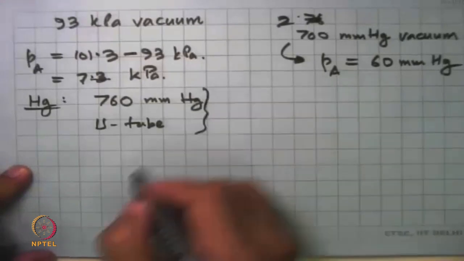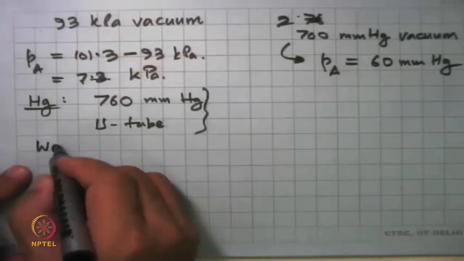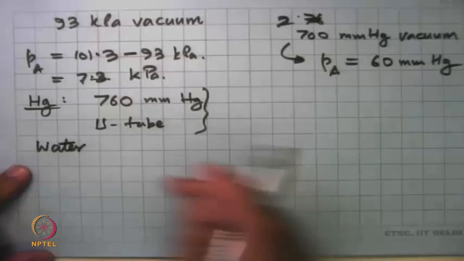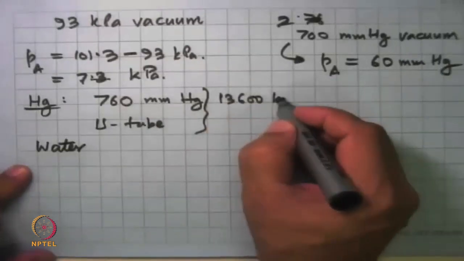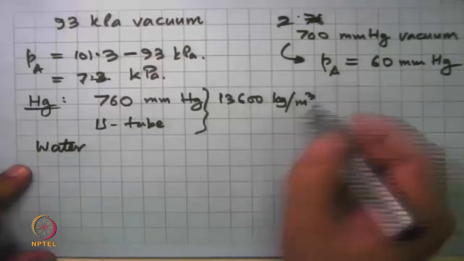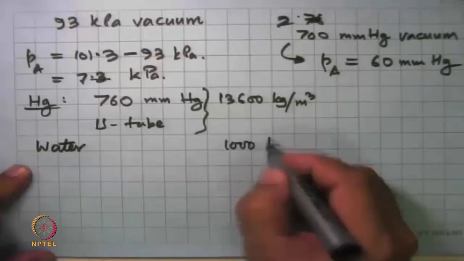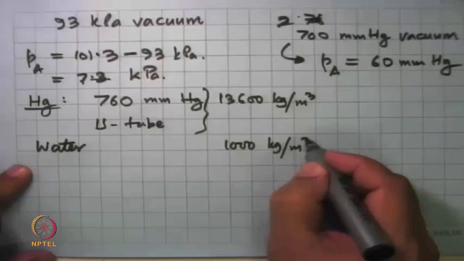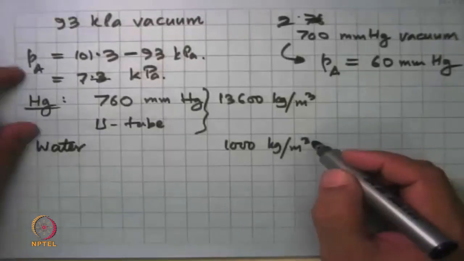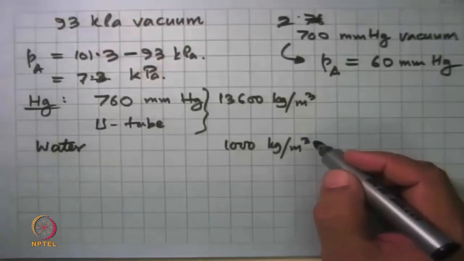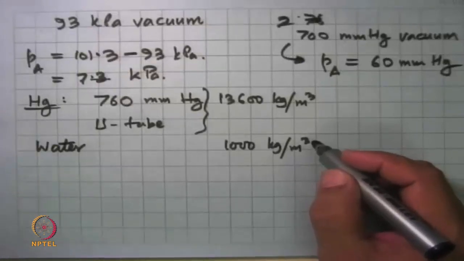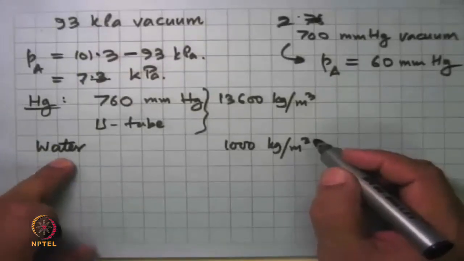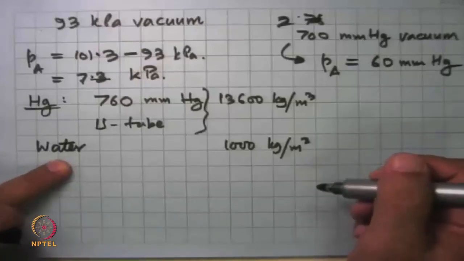We could use water, and we often use water because the density of mercury is 13,600 kg per meter cube, water being 1000 kg per meter cube. For the same height, a mercury manometer will measure a larger pressure than water. So if I want to measure smaller changes of pressure, water is the preferred fluid, not mercury.